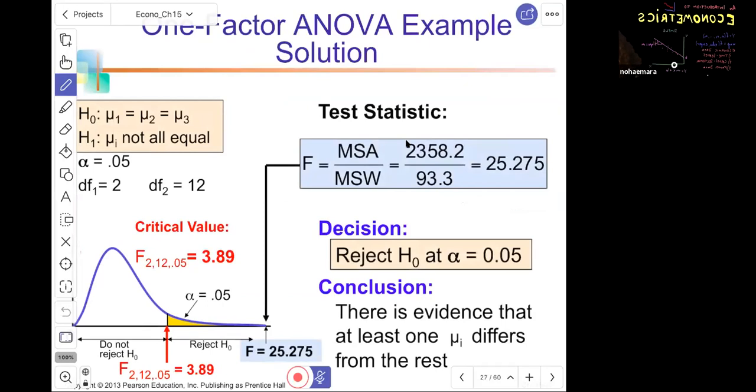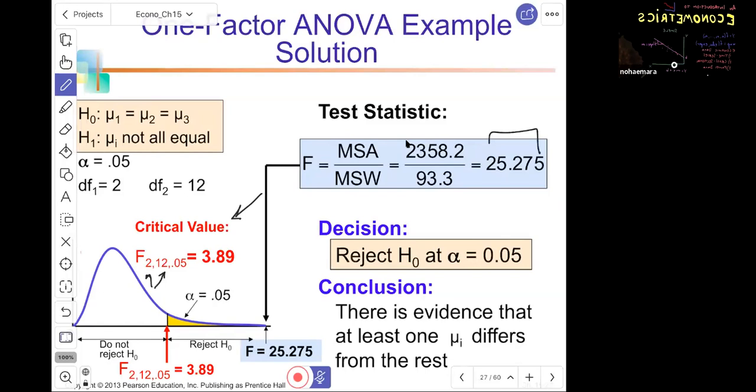Next, what I need to do with this number is go to the F table in order to get your critical value. You need to look at the degrees of freedom of the numerator, which is 2, and the degrees of freedom of the denominator, which is 12.